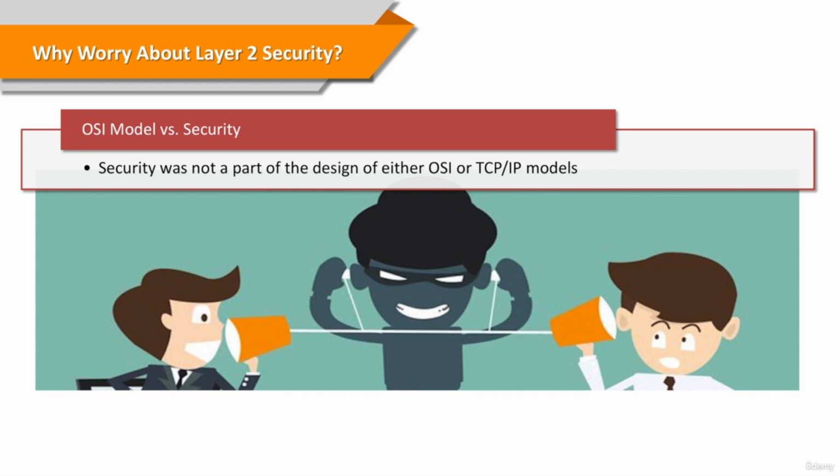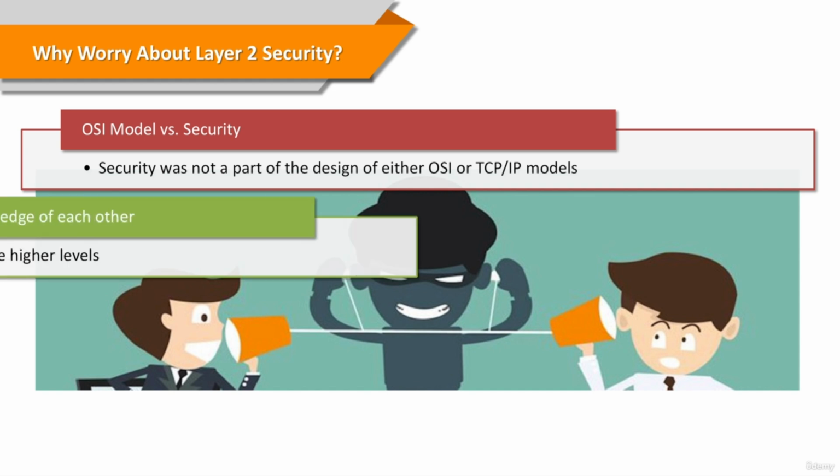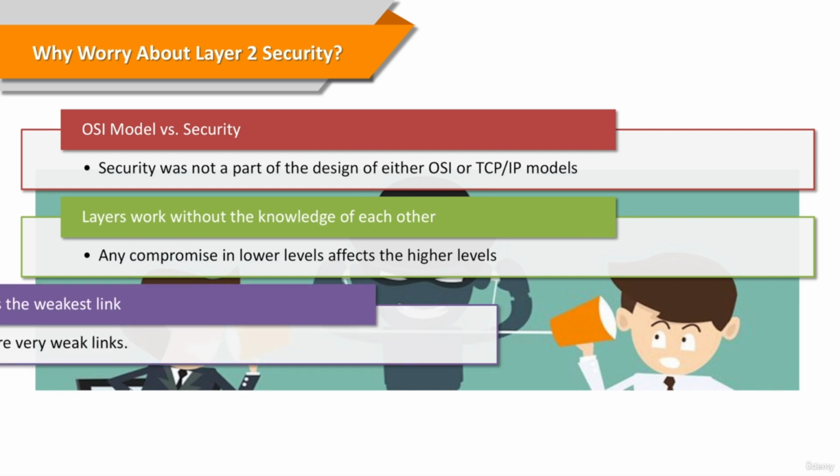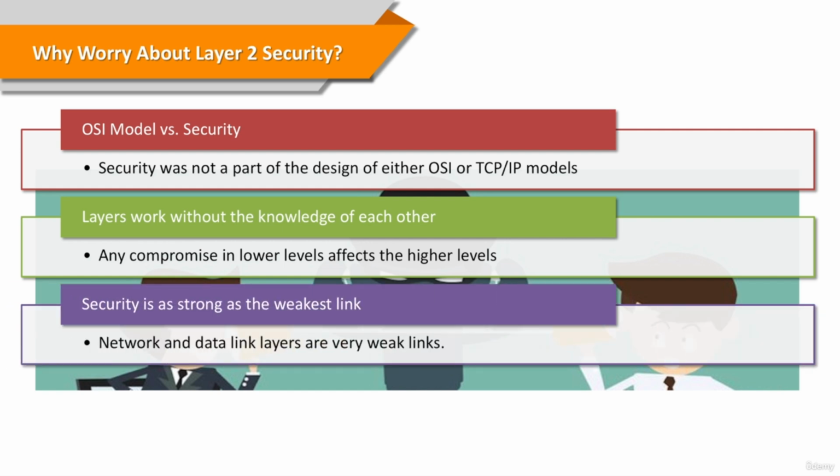Further, while there may be OSI layers, there are not necessarily protocols that correspond to them. You see, OSI was built to allow different layers to work without knowledge of each other. So any compromise in lower levels directly affects the higher levels. As a result, a system is only as secure as its weakest link. In other words, security is as strong as the weakest link, right?